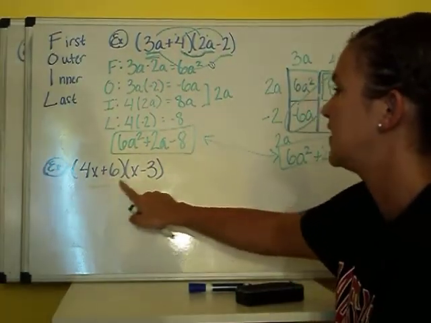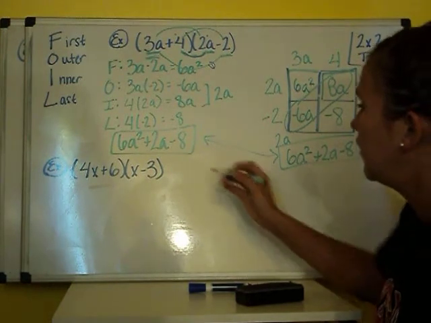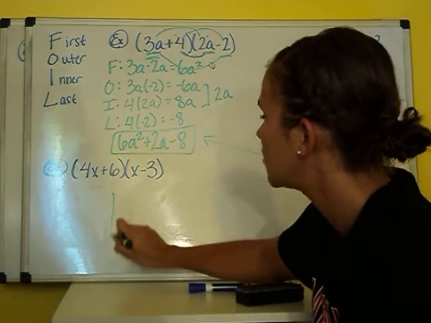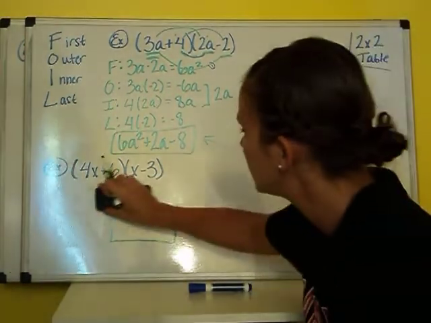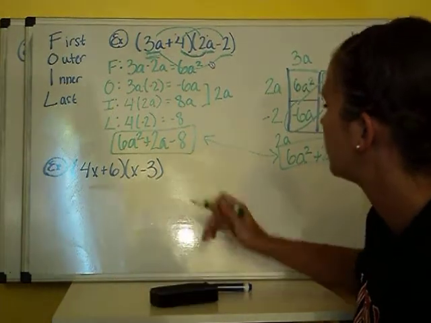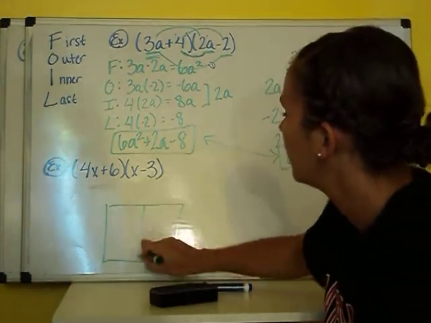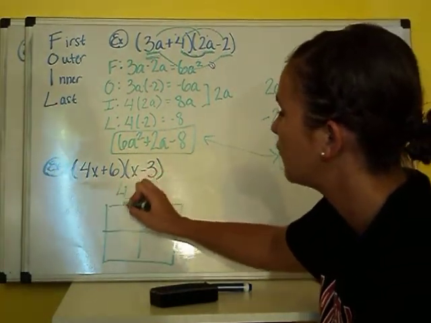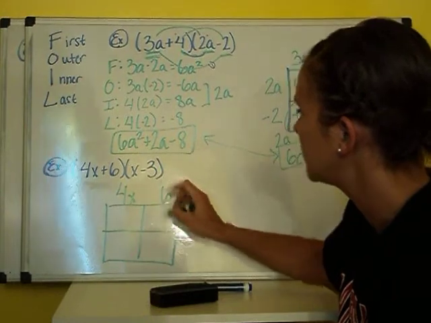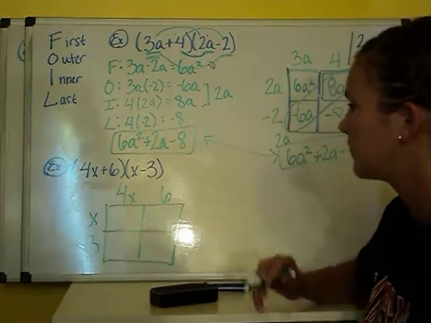4x plus 6 times x minus 3. Okay? If I want to use my 2 by 2 chart, which I love to do, so I will, it's not going to give me enough space. There we go. Okay? I take my first binomial and write its terms at the top, 4x and a positive 6, and an x and a minus 3.